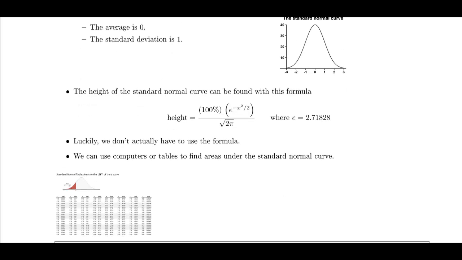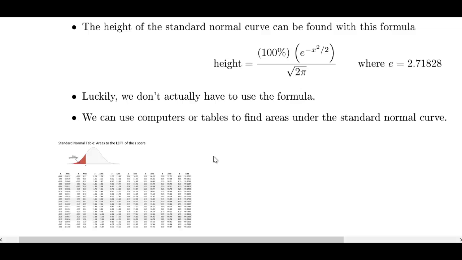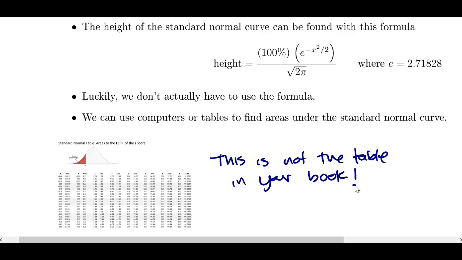So this is what the table looks like that we're going to use in this class. It is different than the table in your textbook. The reason is it's a lot easier to use.